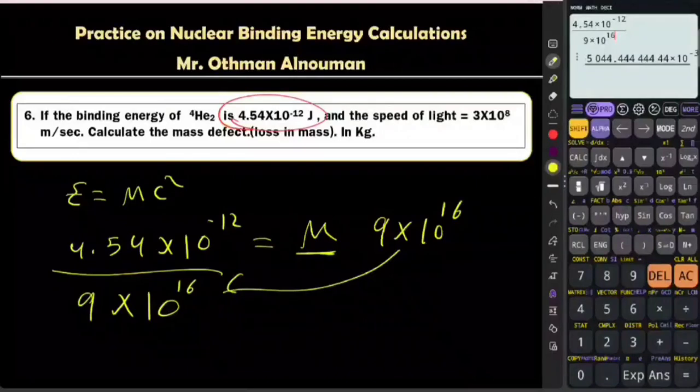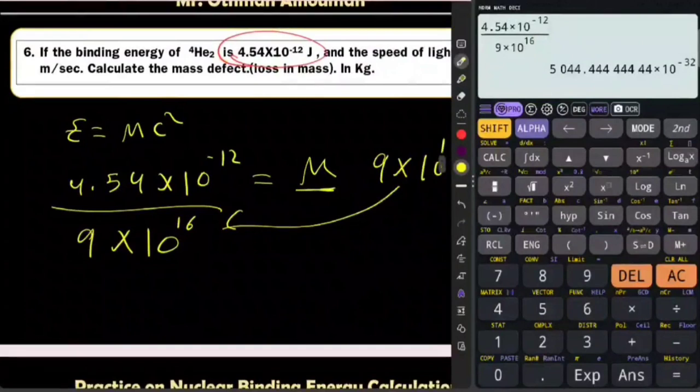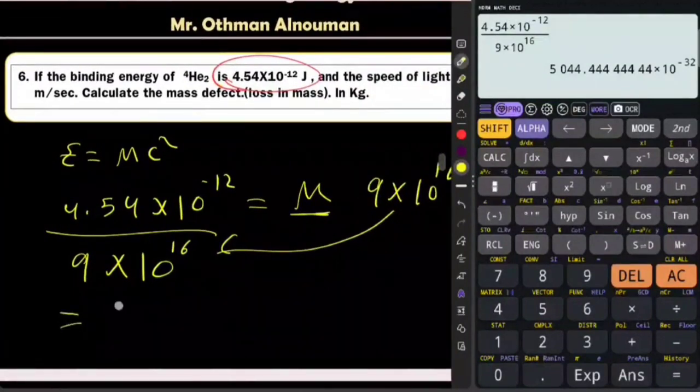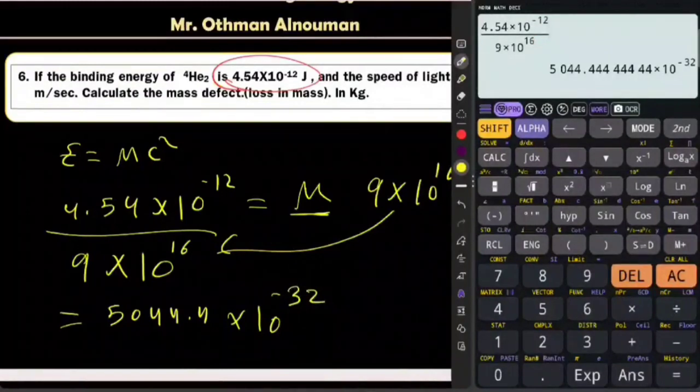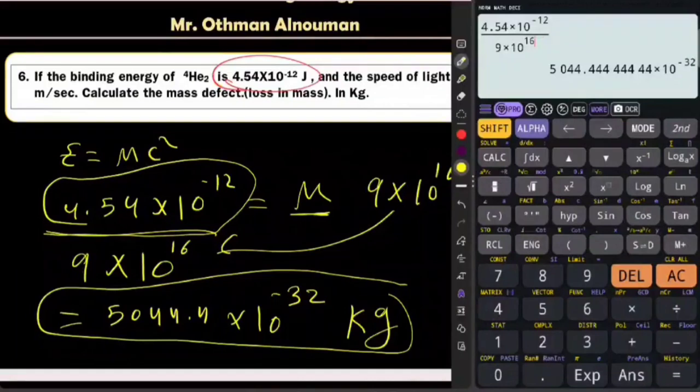That will equal 5044.4 times 10 to the power of negative 32, and this is the mass defect in kilogram. We found it, so we'll just take the binding energy and divide it over the speed of light squared to find the mass defect.